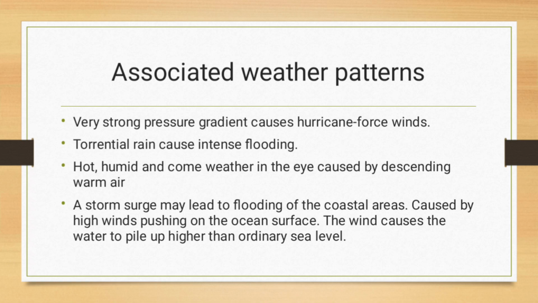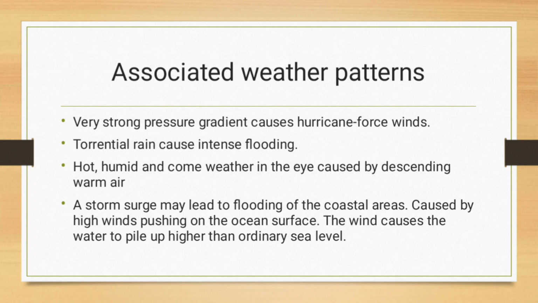A storm surge is when the sea level is raised up higher than the ordinary one. So the storm surge is going to lead to flooding of the coastal areas.